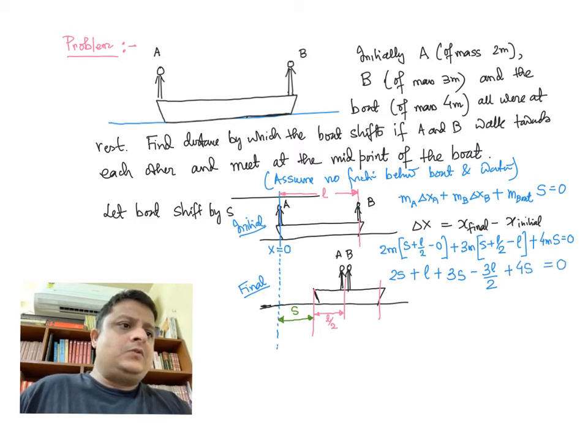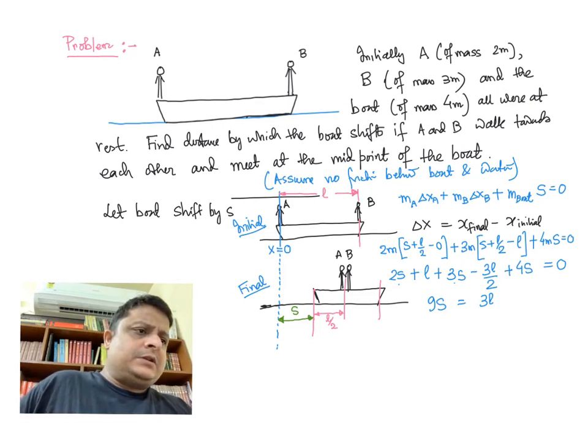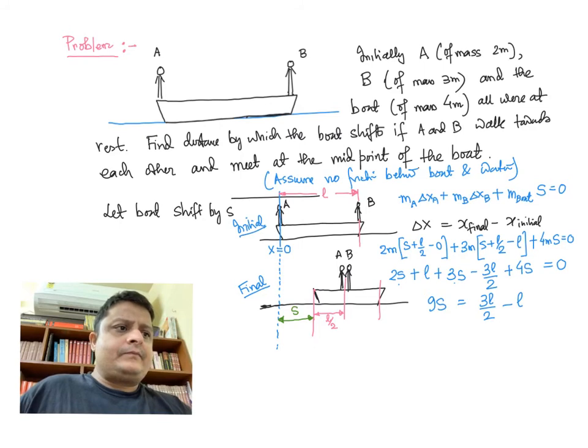So 2 plus 3 is 5, plus 4 is 9S. 9S is equal to 3L by 2 minus L, right? So 9 times S is equal to L by 2. So S is equal to L by 18.